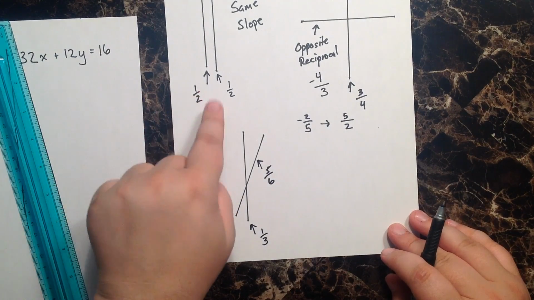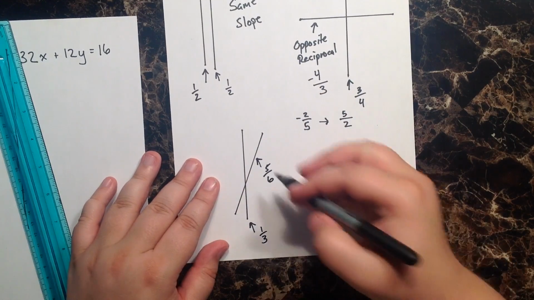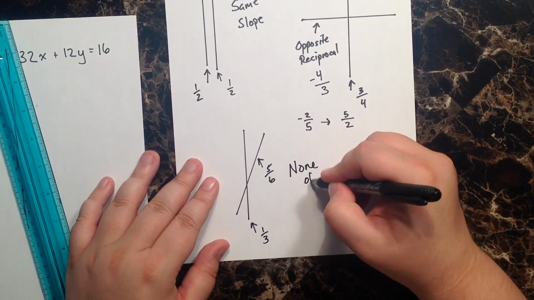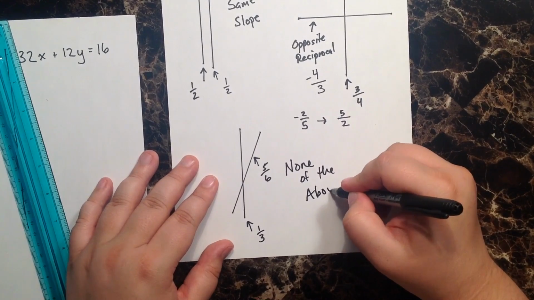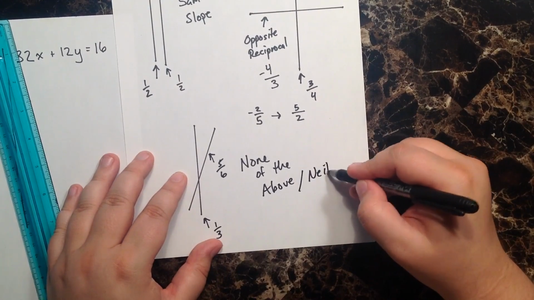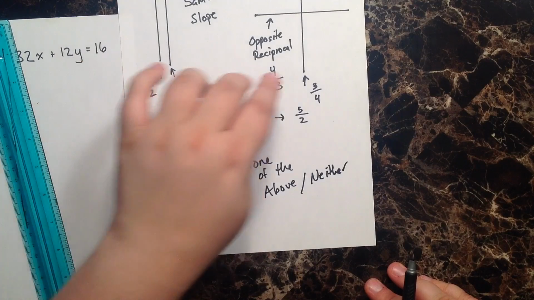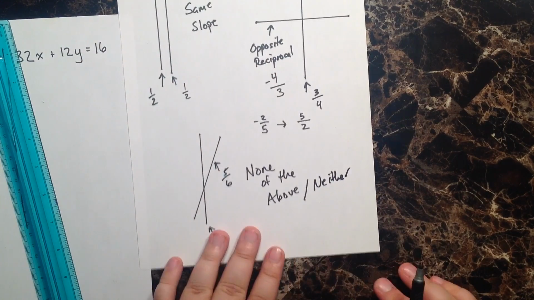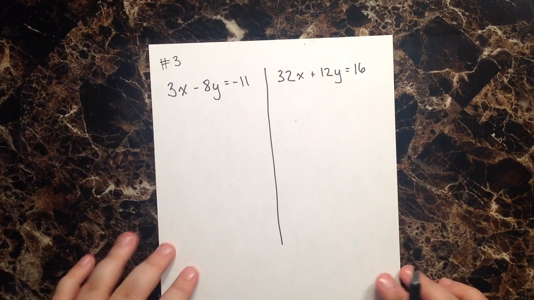As long as it's not the same slope and it's not the opposite reciprocal, we can say these lines are neither, meaning neither parallel nor perpendicular. Hopefully you are seeing that what we're doing is comparing the slopes of lines to determine whether or not they're parallel, perpendicular, or neither.